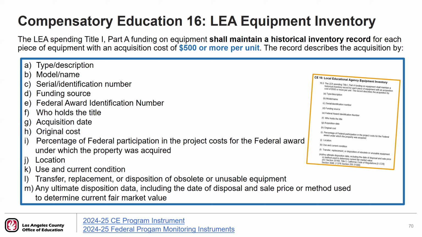CE 16 requires that the LEA spending Title I Part A funding on equipment shall maintain a historical inventory record for each piece of equipment with an acquisition cost of $500 or more per unit. So evidence of an equipment inventory is required as part of multiple programs, including Title I, Title III, Federal Stimulus Monitoring Program instruments, just to name a few.